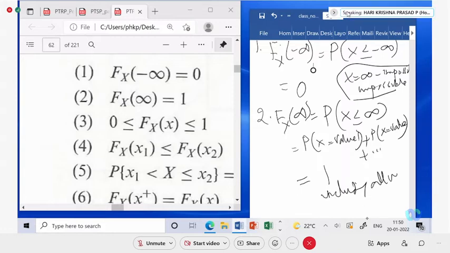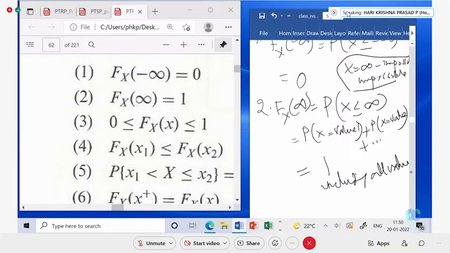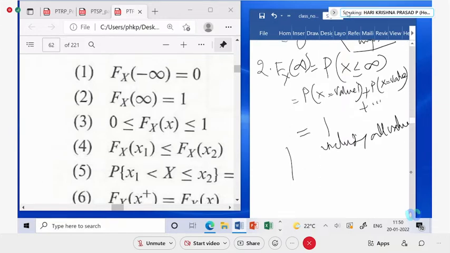And in the previous class also, when I plotted the distribution function for different values of x, I showed a staircase, right? When I considered all possible values of x, the final value becomes 1. Say x is taking values 1, 2, 3.